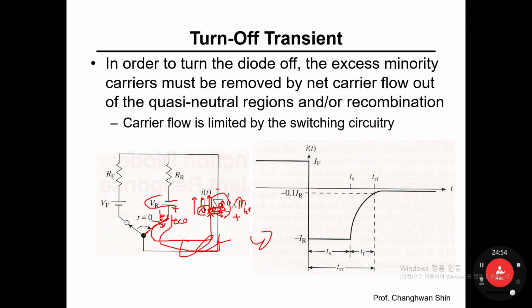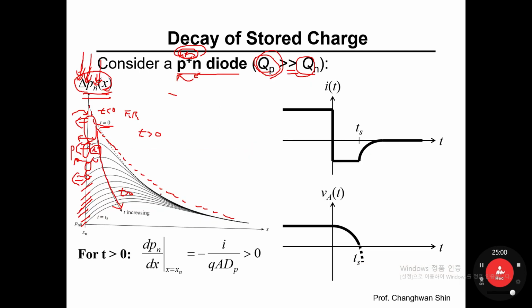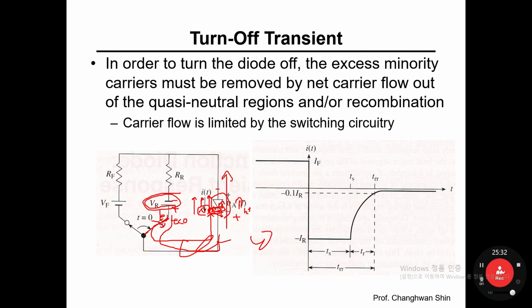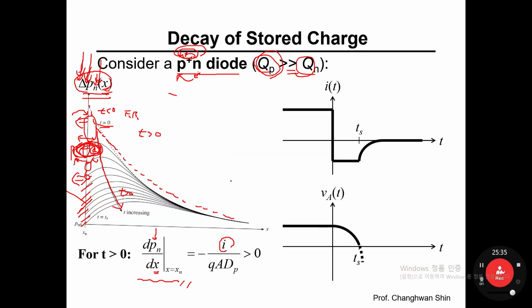A DC voltage VR has been applied across the PN diode, so the rate of removing holes out of the quasi-neutral region is constant. That is the reason why I can write down the equation for P sub n as a function of x. This I is the current flowing in this direction.